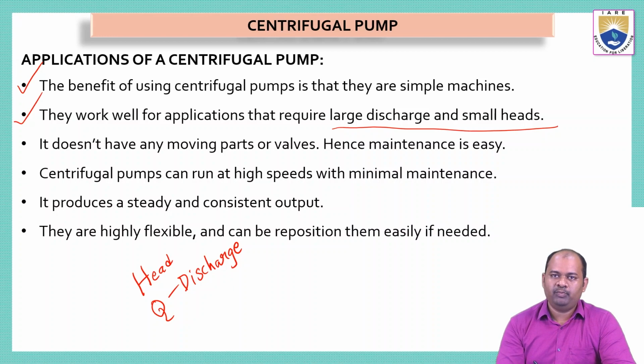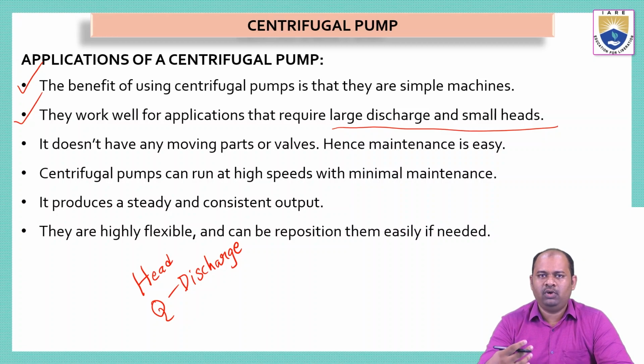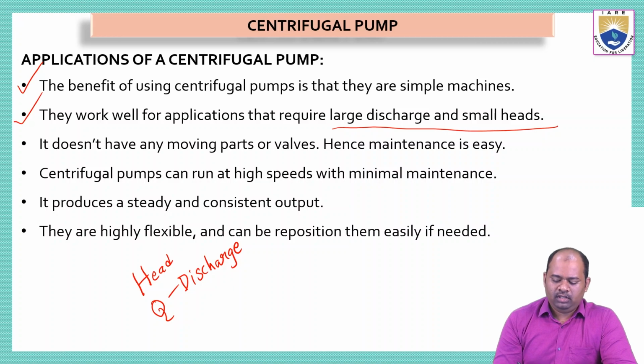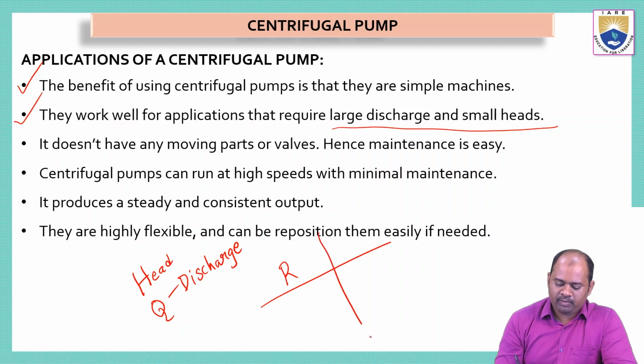So this is also important when we try to use a reciprocating pump or a centrifugal pump. We should know how much water has to be discharged, and also how much head the water has to be supplied. These two things play a very important role when we are considering a particular type of pump. Now, we'll try to compare this.